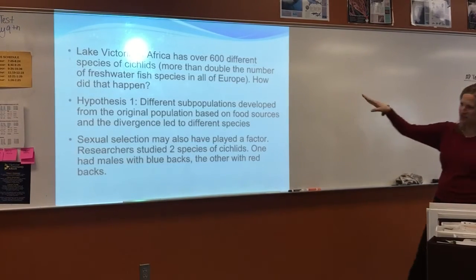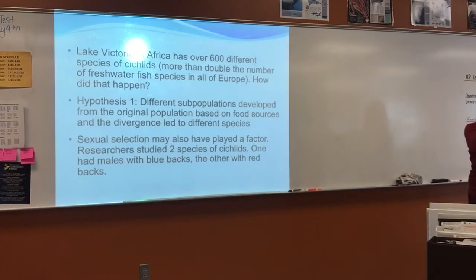All right, so sexual selection is looking for a particular characteristic. It could be behavior, it could be coloration. In a lot of species, females look for specific colors in their mates. An example is cardinals. When you think of cardinals, you probably think of the color red, right? But all the red cardinals are males. The female cardinals are brownish, because the females look for that coloration in their mate.